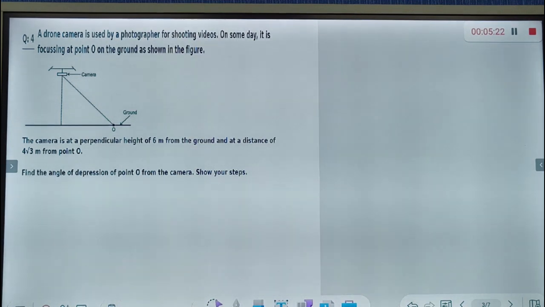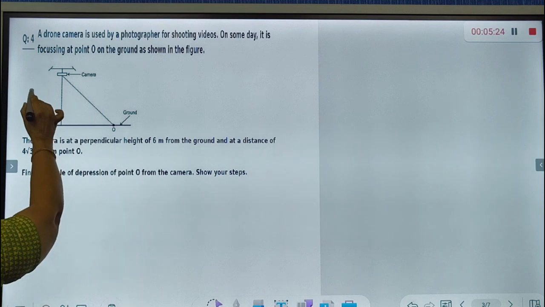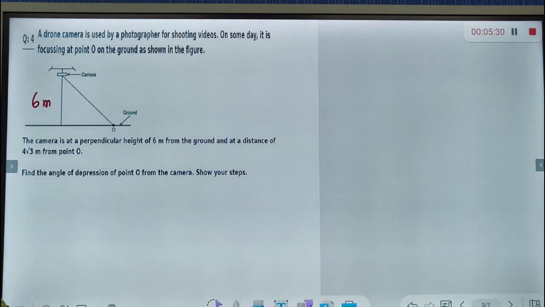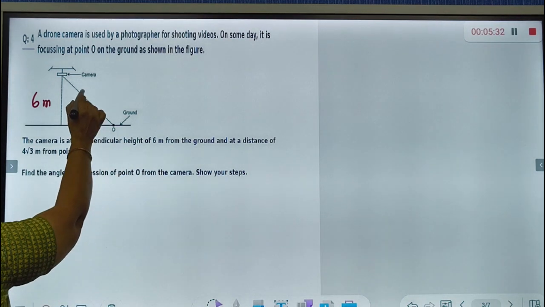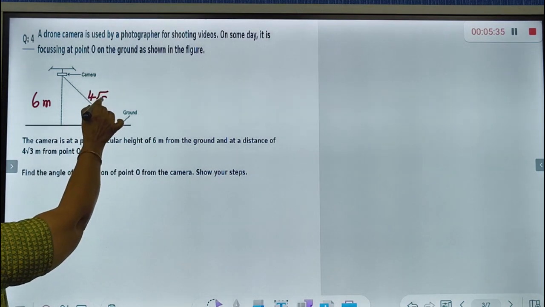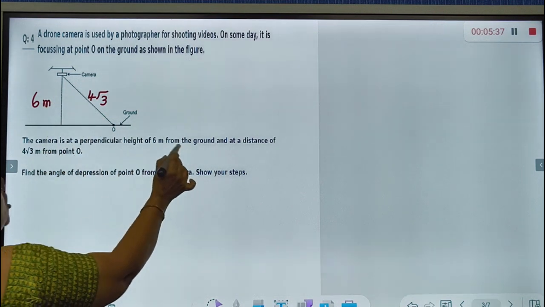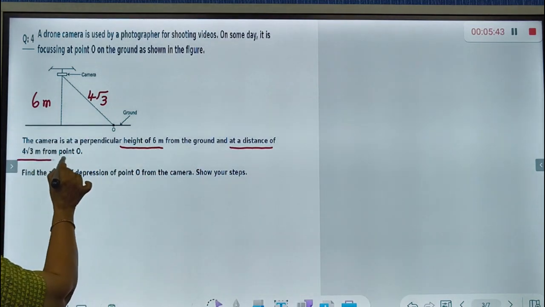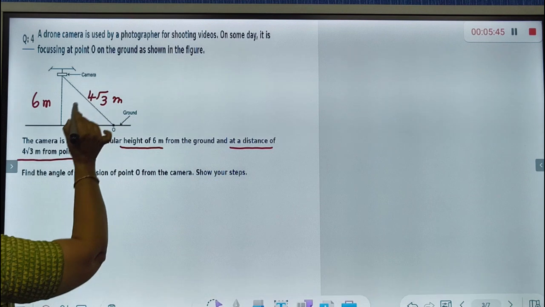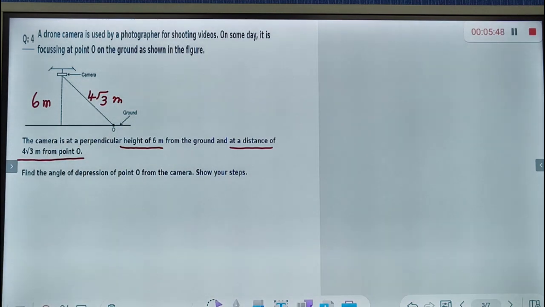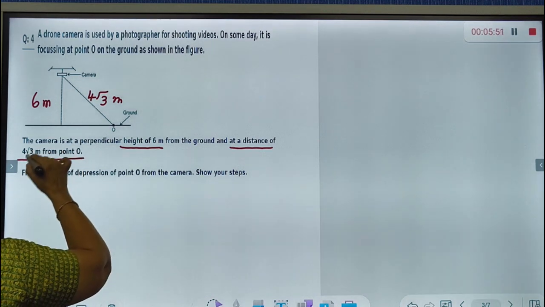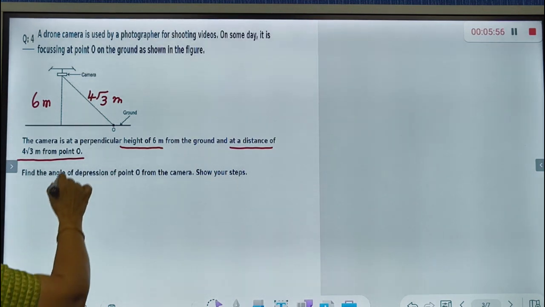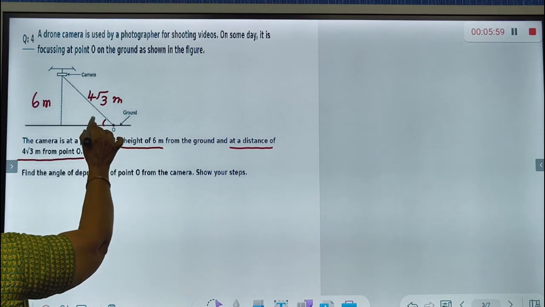The camera is at a perpendicular height of 6 meters from the ground, at a distance of 4 root 3 from the point O. Find the angle of depression of point O. So, that is nothing but this angle theta.